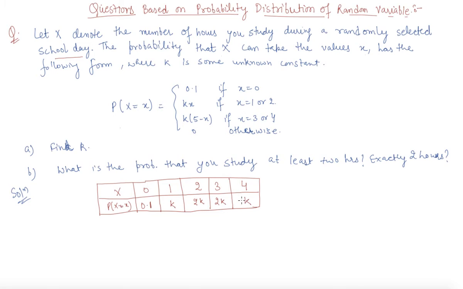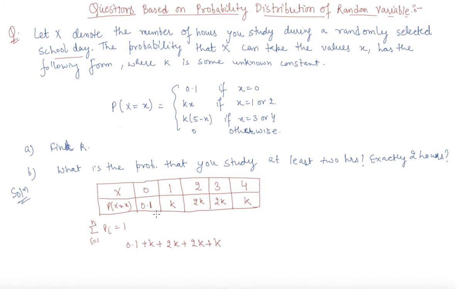So as we know, students, the total probability is always 1, so I can write this as the sum over i equals 1 to n of probability of i equals 1, and in this case 0.1 plus k plus 2k plus 2k plus k.